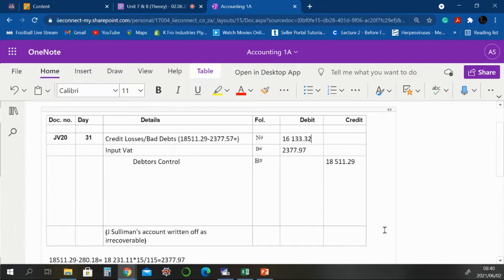We can't do it that way, because with the credit losses or the bad debt, we can actually include that interest portion. Does that make sense? So if we were going to say 100 divided by 115, we would have gotten slightly less than this 16,000.